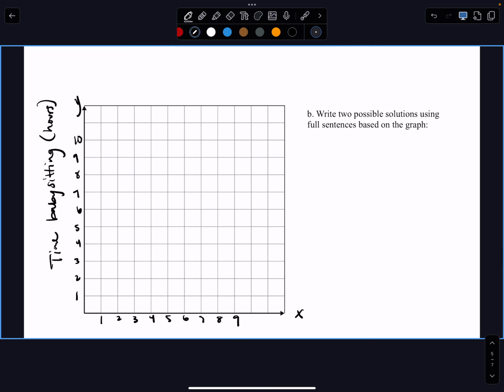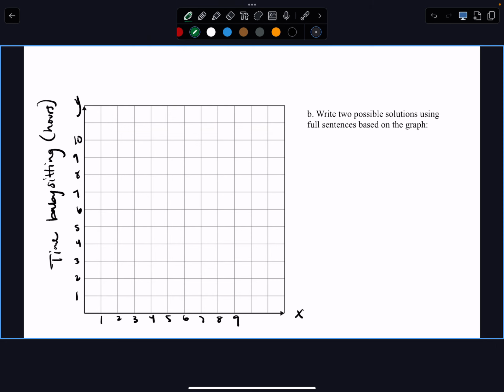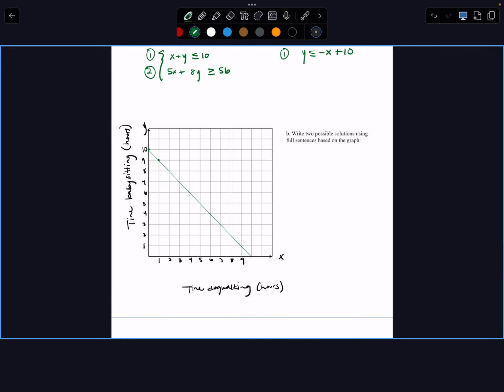Okay, so then a slope of -1. And then shading below would be for that first inequality.